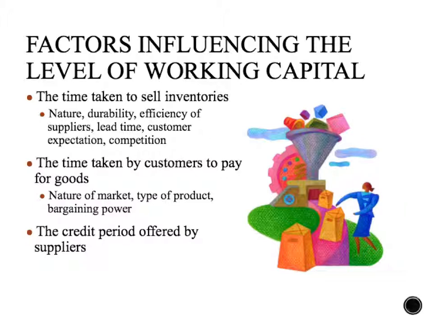Following on from that, we can look at the opposite side and we can look at our customers. If you think about the nature of the market, I wouldn't expect to go into Asda and do my shopping and then say, oh, I'm going to have 28 or 30 days to pay for my shopping.